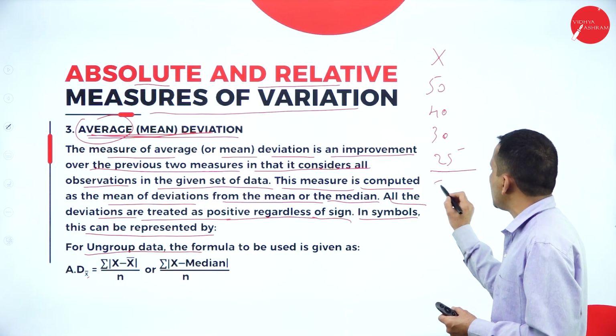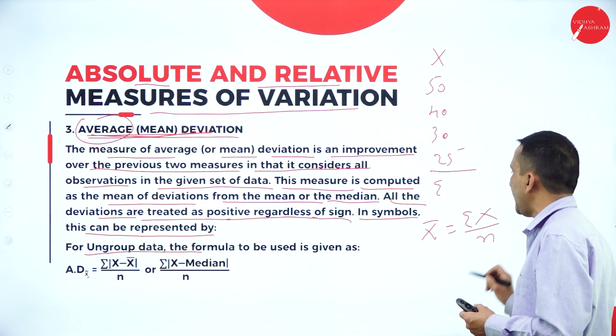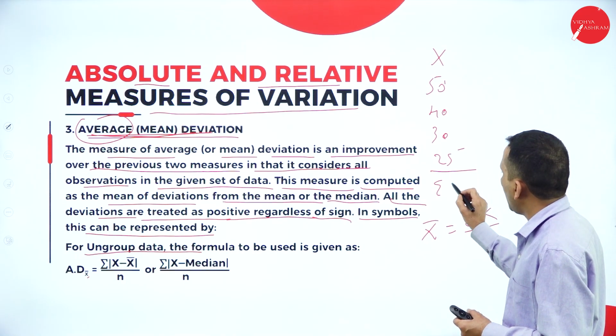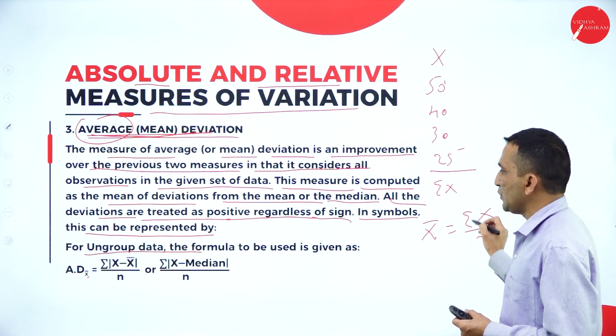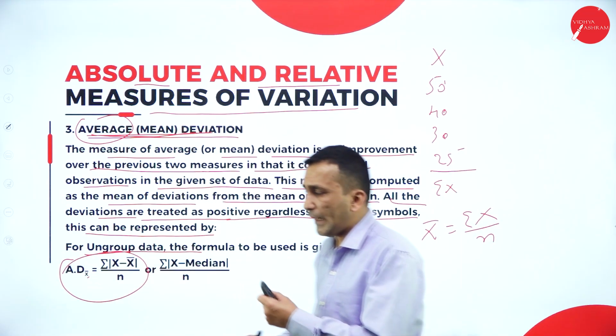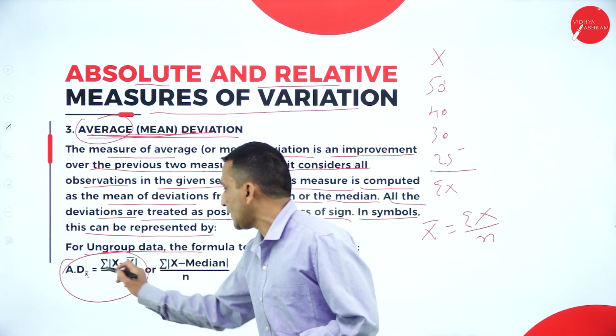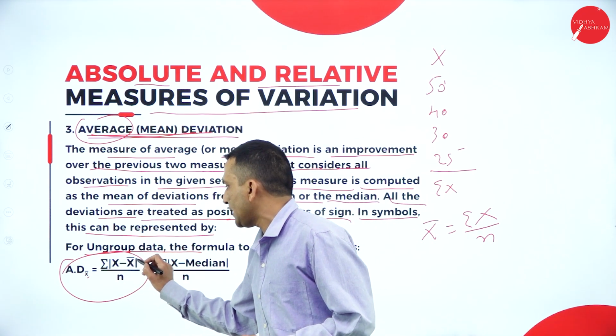You know the formula: x bar is equal to sigma x divided by small n. Take the total to get sigma x. Now, according to this formula, we calculate the mean deviation of x using x bar: sigma of x minus x bar.